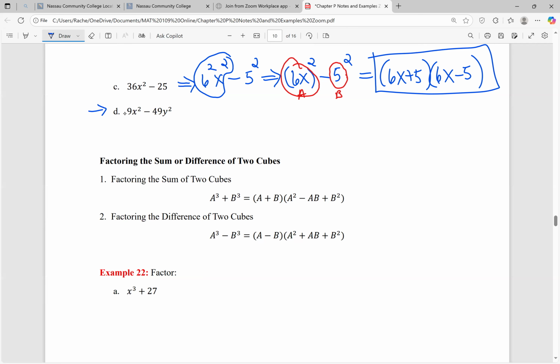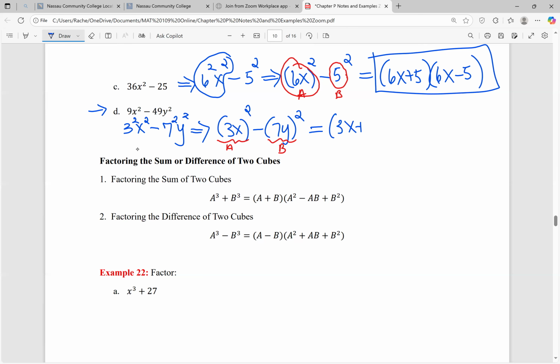So now look, this looks like the form a squared minus b squared, where think of the 3x as your a and then the 7y as your b. So this is going to be equal to a plus b, 3x plus 7y, times a minus b, or 3x minus 7y. And that would be my factored form.